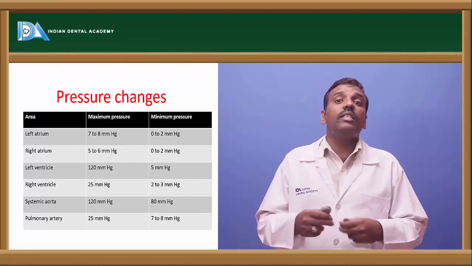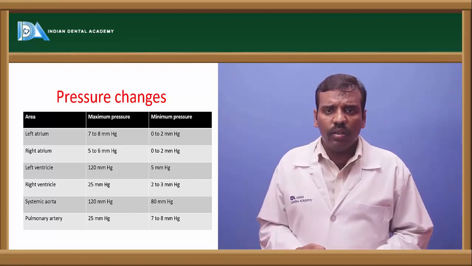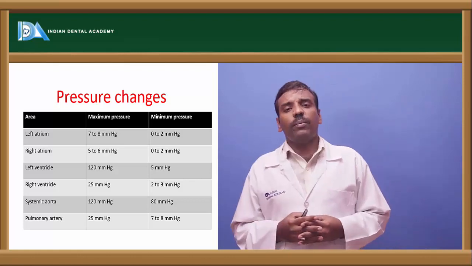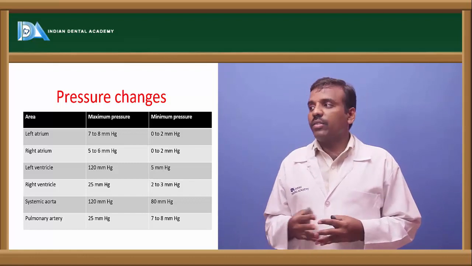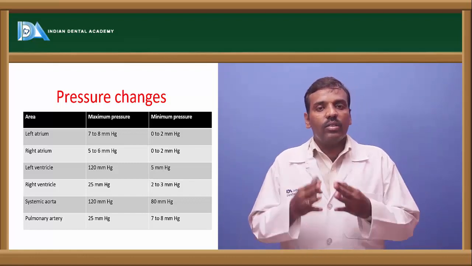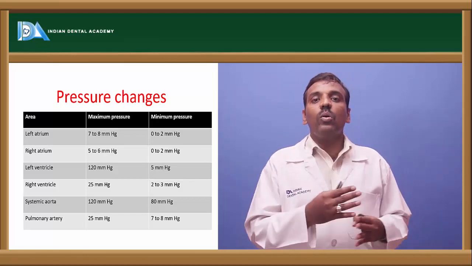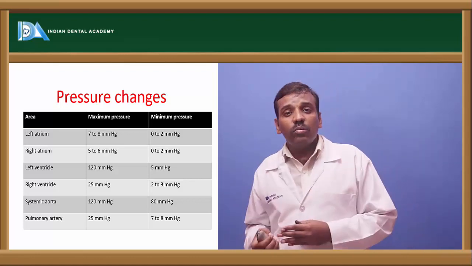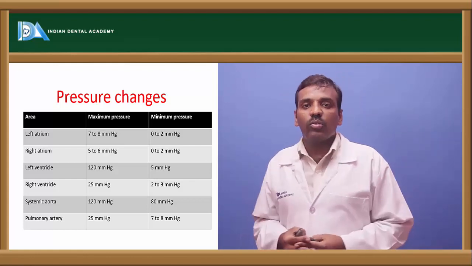And the systemic aorta, next after the left ventricle. In case of the systemic aorta, it is about 120 millimeters of mercury, and 80 millimeters of mercury is the minimum pressure. In the aorta, that is the normal blood pressure. 120 millimeters of mercury is the systolic blood pressure, the maximum pressure, and the minimum pressure, the diastolic blood pressure, is about 80 millimeters of mercury.